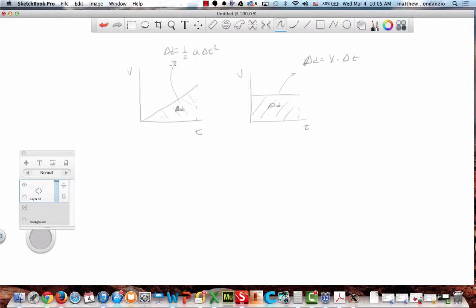Now really it's 1/2 V times T, or delta V times T, but I don't want to rederive that. Do you want me to rederive how I got that? But this is for acceleration. So these are independent of each other. This one doesn't have acceleration. This one has an initial velocity of 0. But what if my motion looked like this?